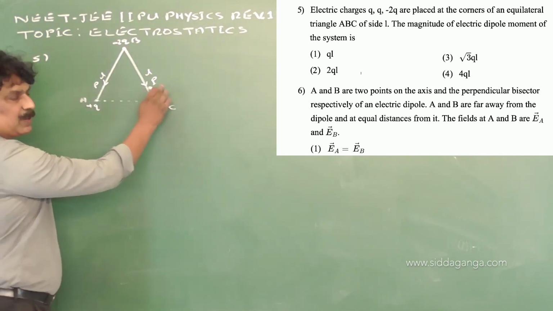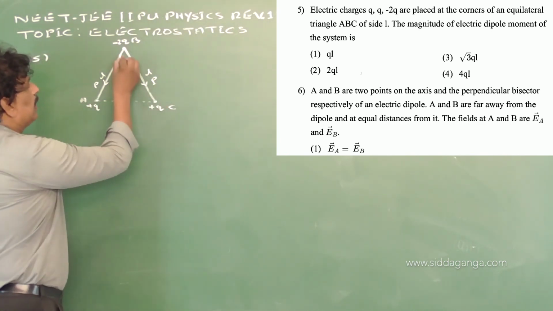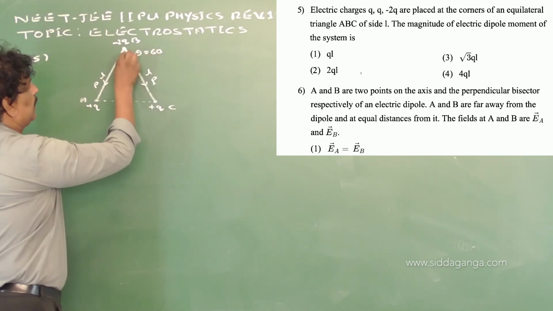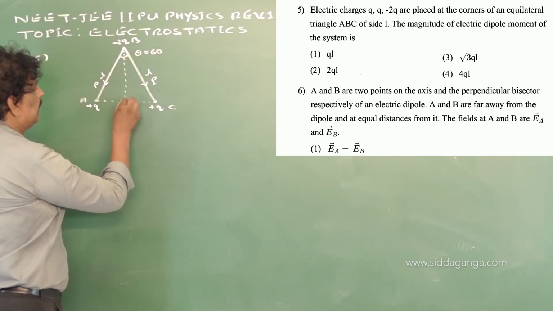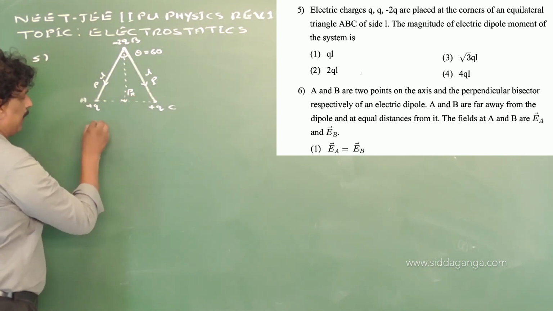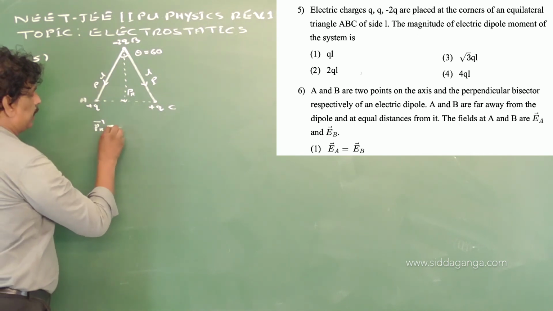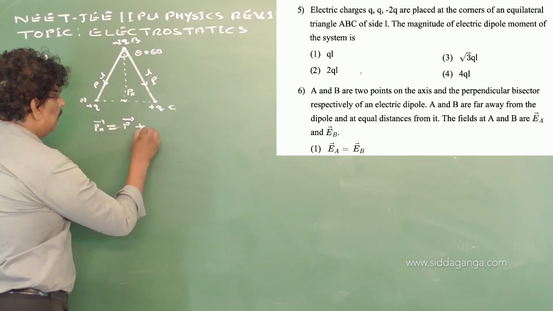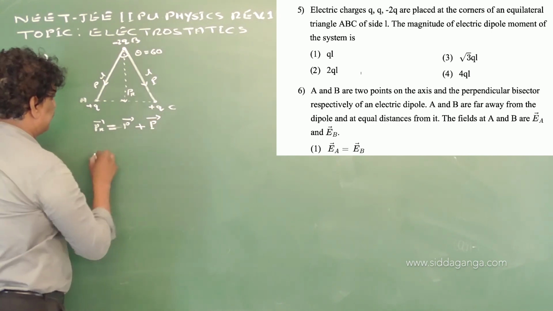Now electric dipole moment is a vector quantity. This angle theta is equal to 60 degree. This is the resultant electric dipole moment. The resultant electric dipole moment is the electric dipole moment of the first dipole plus the electric dipole moment of the second dipole.